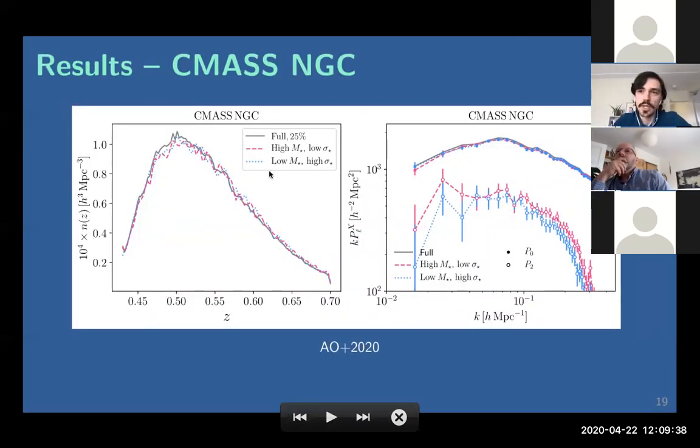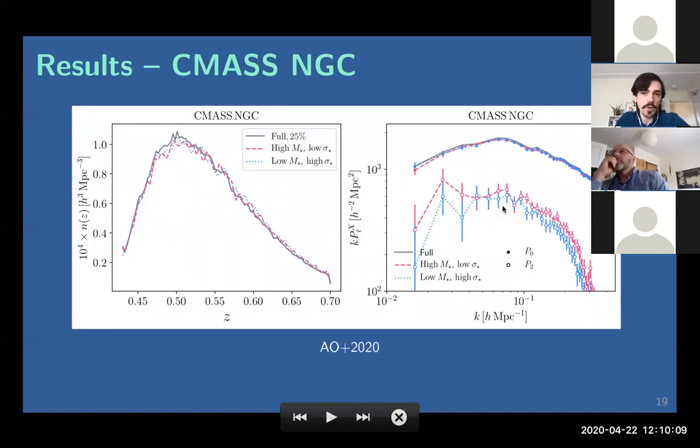If you take these two subsamples I was talking about and look at their redshift distributions, there are two dashed and dotted curves here compared to the scaled full sample redshift distribution. You see that they match rather well. If you look at the right plot, on the top you see matching monopoles, so they all match within the error bars between the two subsamples, but their quadrupoles are different on all scales.